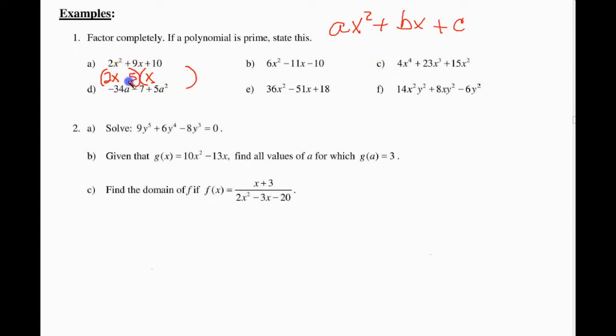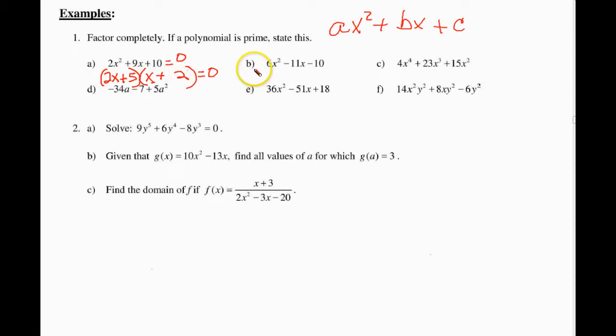How about 5 and 2 this way? Okay, because now when we do our outers, we get a 4, inners a 9, and that's what we want. And they're all plus. Now again, if that were equal to 0, that would be a quadratic equation, and we would just set each of our factors equal to 0, and we'd get a fraction there, but that's how you do it.